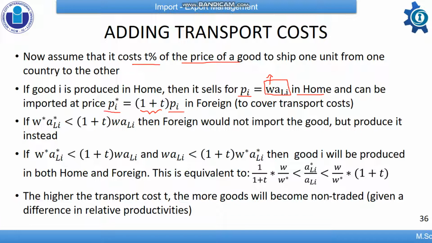They import the product I at the price PI star to cover the transportation cost.